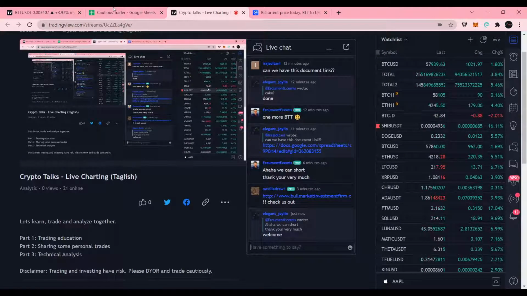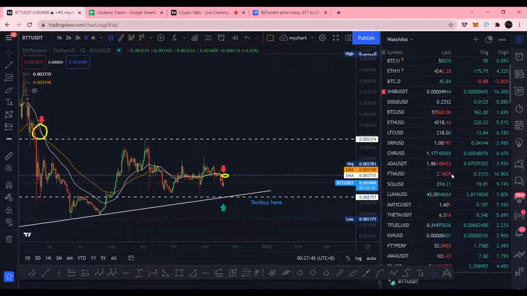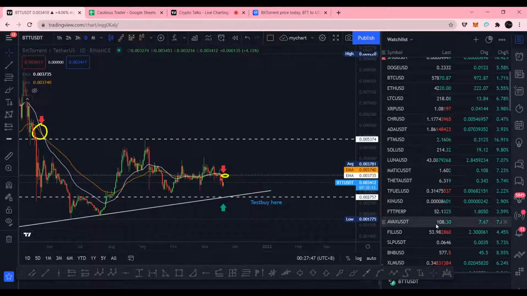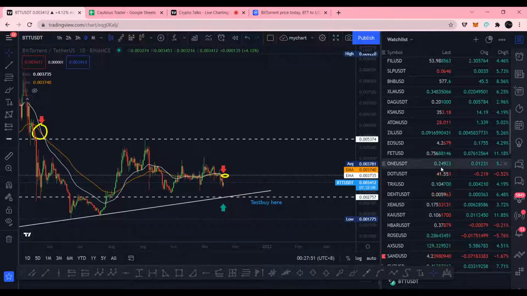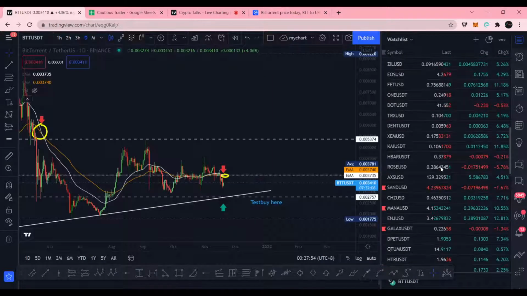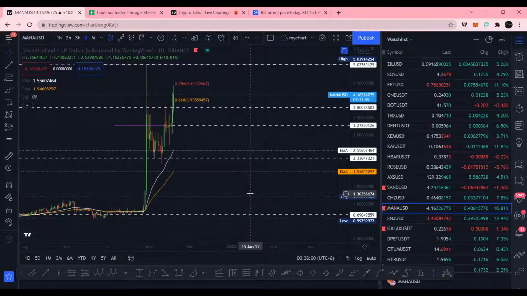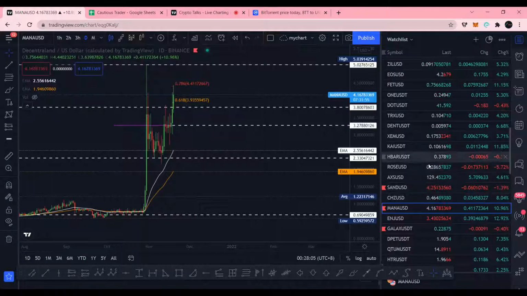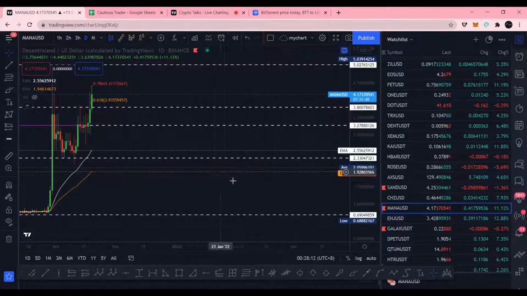So what's the one I was looking at a while ago? Oh, I think FTM. Yeah, I remember. I still have my mana at $5, though for sand I already closed everything. So I'm just going to cheer mana.